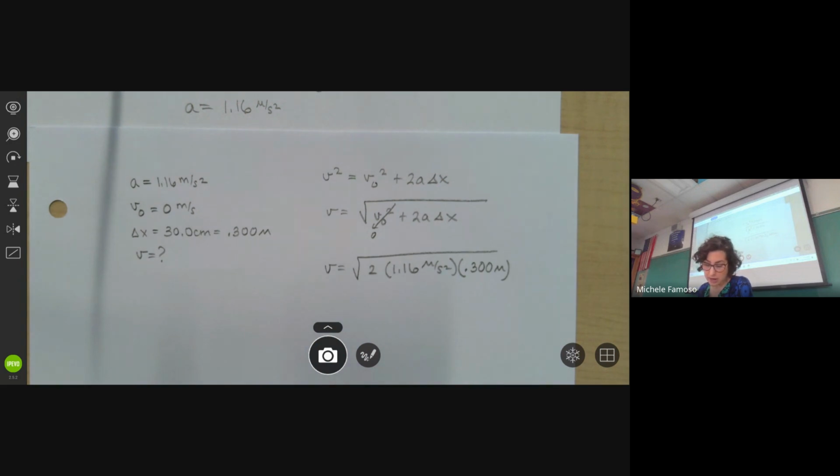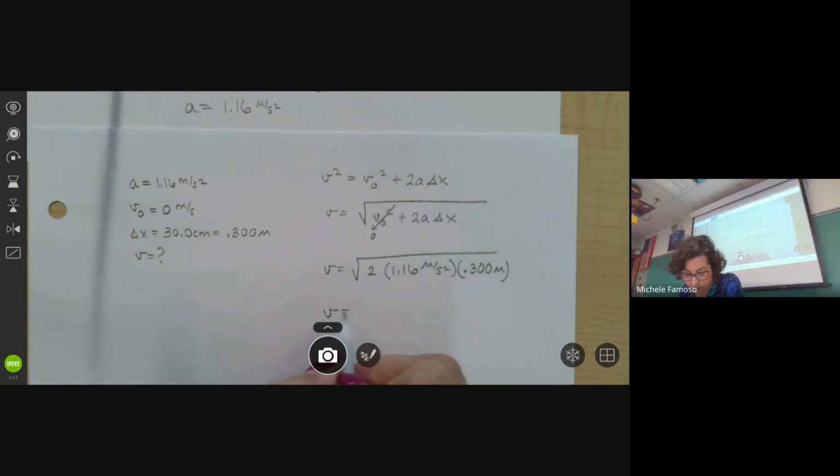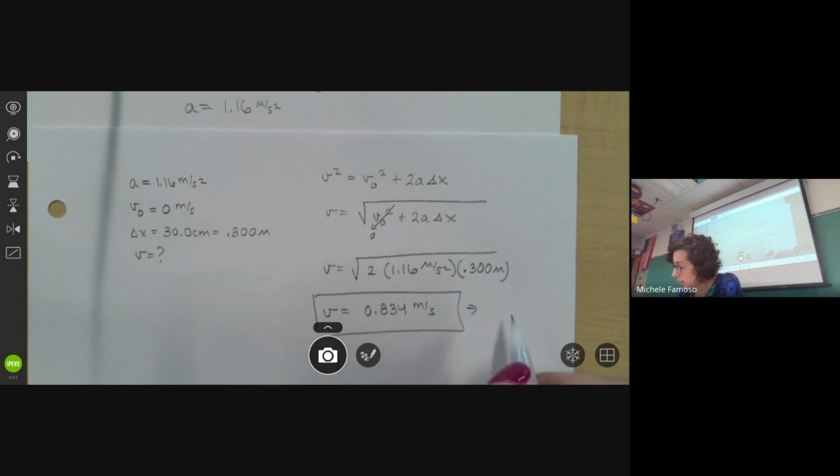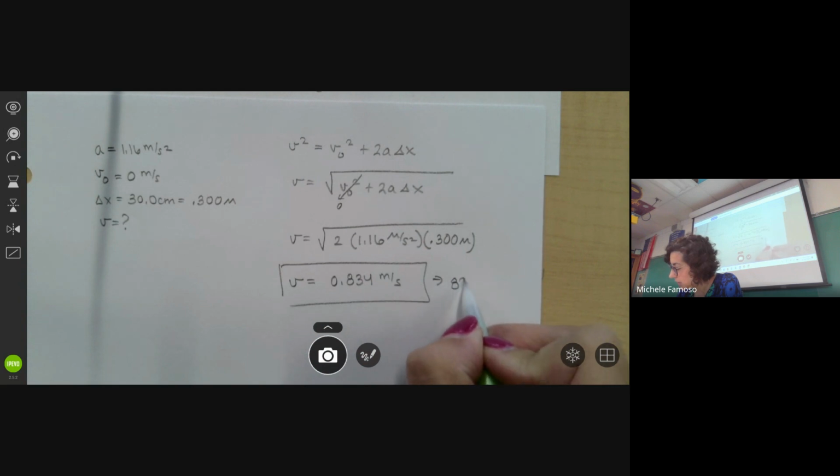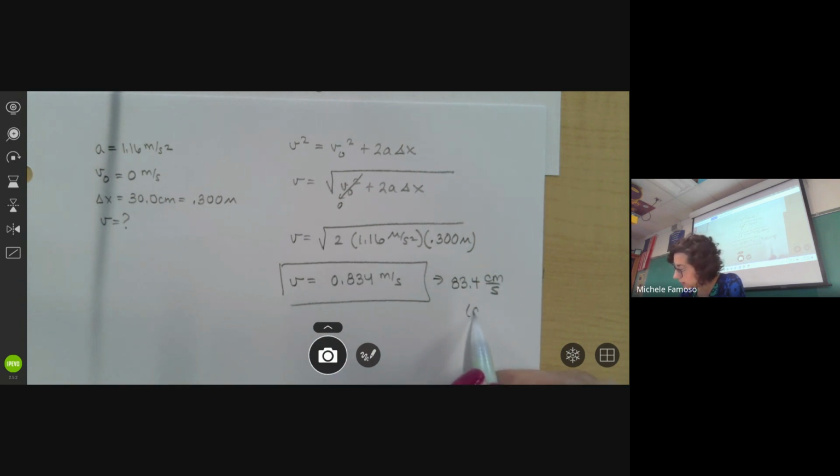And when you do that on your calculator, I believe you get 0.834 meters per second. If I convert that to centimeters per second, that's 83.4 centimeters per second, which is choice A. Make sense? Okay. Any questions on that problem?